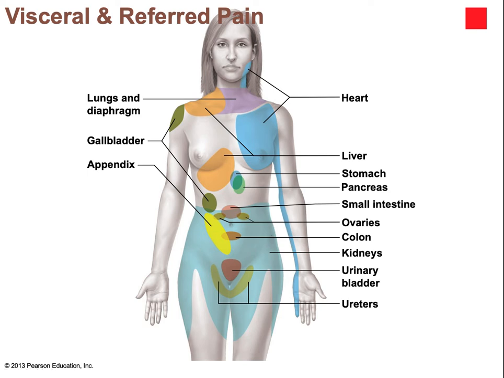Okay, and so you'd think it would come from there, but it does not. Okay, the pain of an appendix is felt at McBurney's point, which is midway between the crest of the ilium and the navel. Okay, the appendix itself is actually tucked down under the cecum. Okay, but note where the pain is experienced.